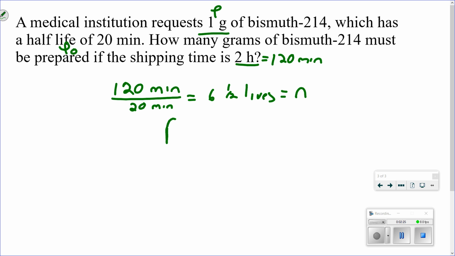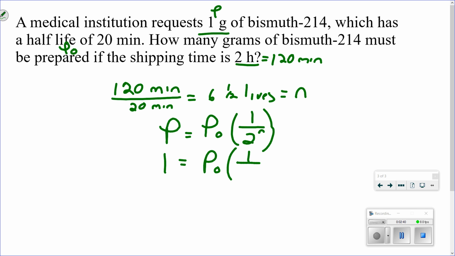So here's the equation. And I'm going to fill in what I know. And then I'm going to solve for the initial value of the parents.